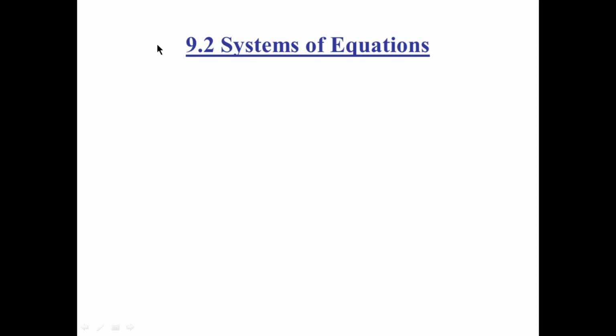But suppose there's three equations in three unknowns, or seven equations in seven unknowns. You can see that an organized approach is going to be needed. And this is an introduction to an organized approach to systems of linear equations.